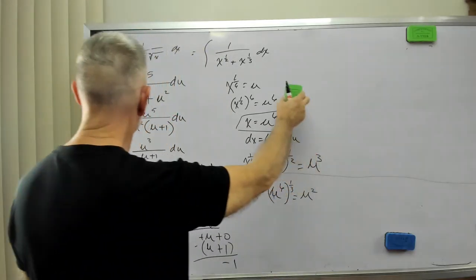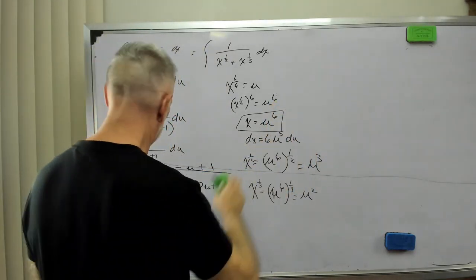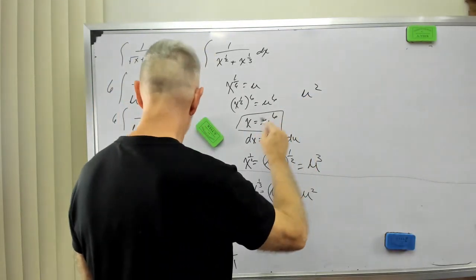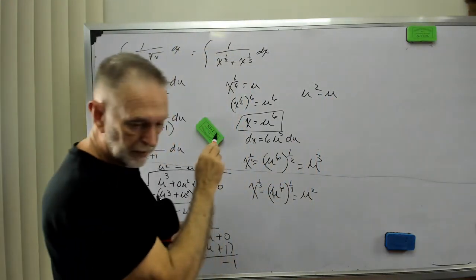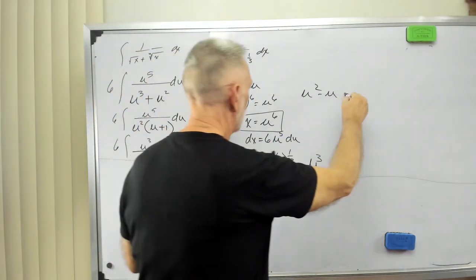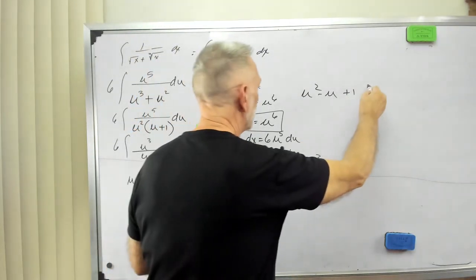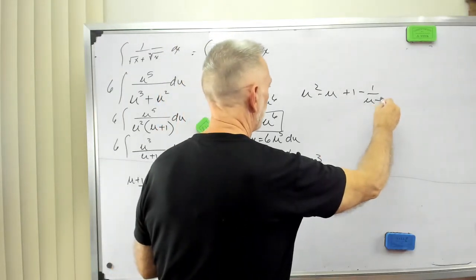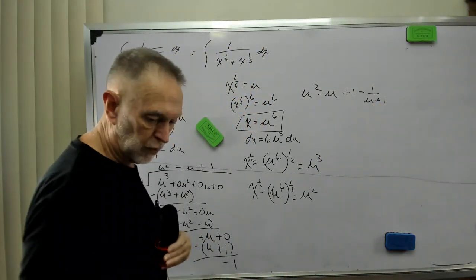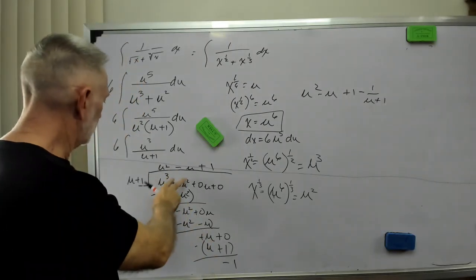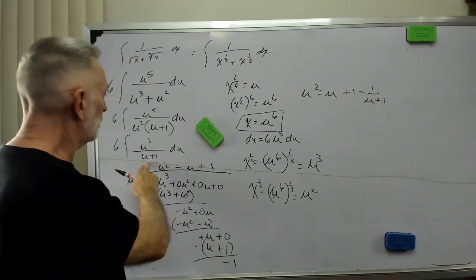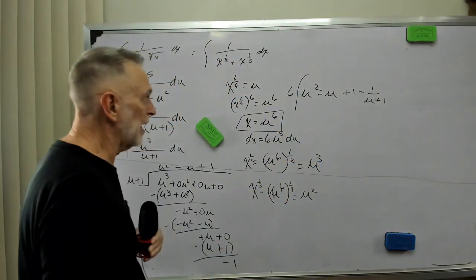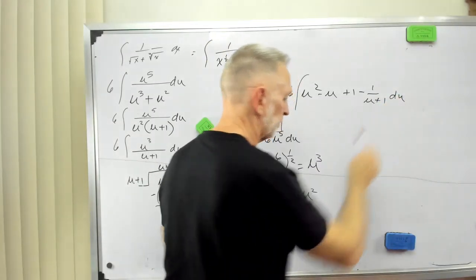Let me write that over here: u squared minus u plus 1, minus 1 over u plus 1. That's what u cubed divided by u plus 1 is. So now I'm integrating 6 times that with respect to u.